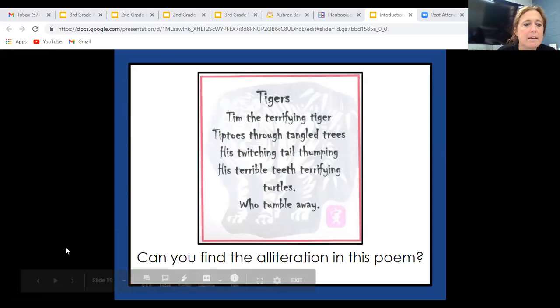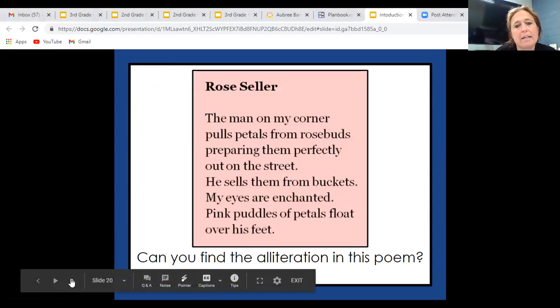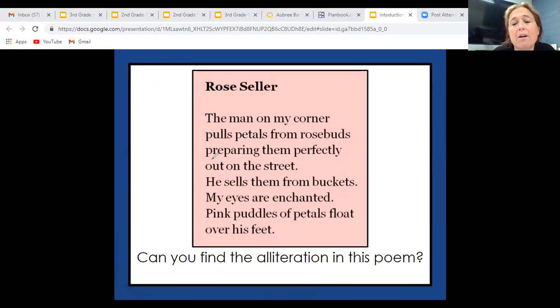Oops, let me get my mouse back. There we go. Can you find the alliteration in this poem? The man on my corner pulls petals from rosebuds, preparing them perfectly out on the street. He sells them from buckets. My eyes are enchanted. Pink puddles of petals float over his feet. So this one does not have it as many times as the last poem, but it is there.